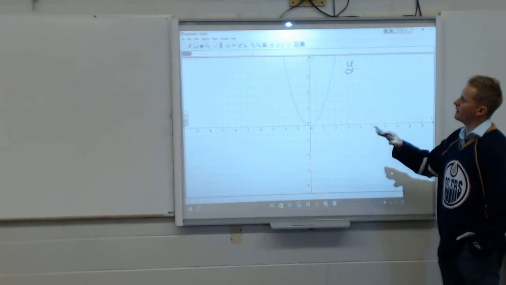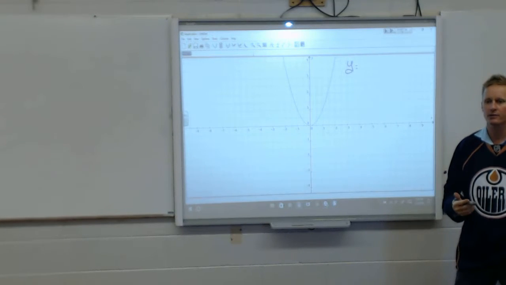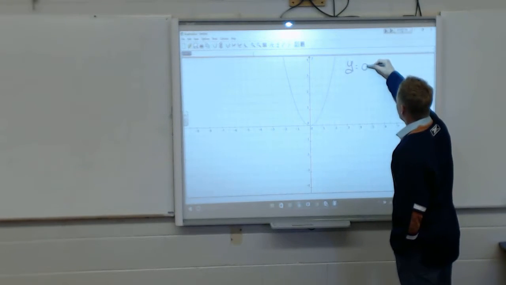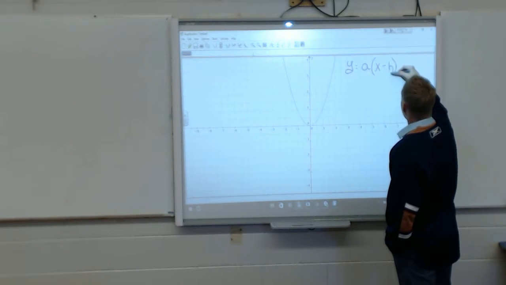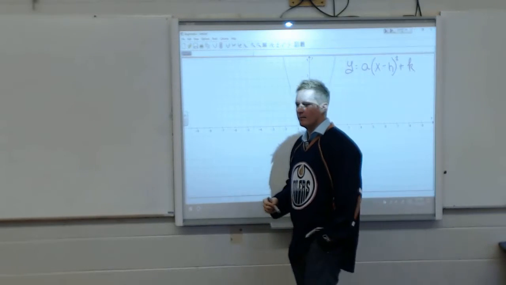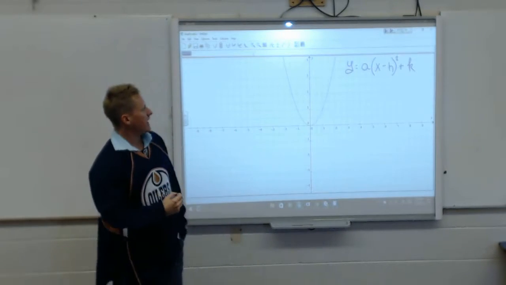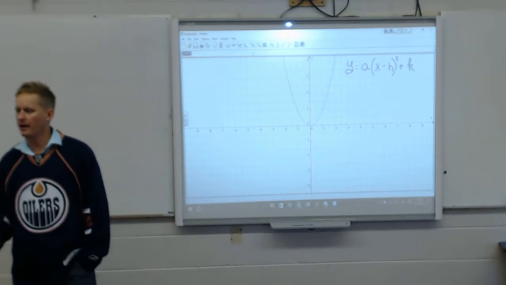We will be able to arrange it so it always goes into this form, to make it easier for us. My general form is y equals a(x minus h) squared plus k.